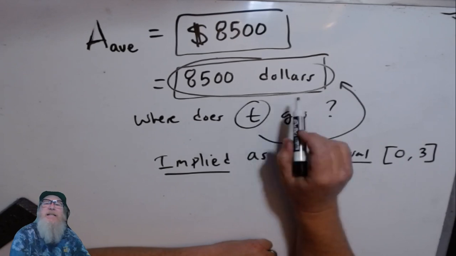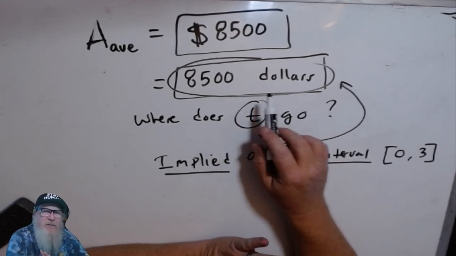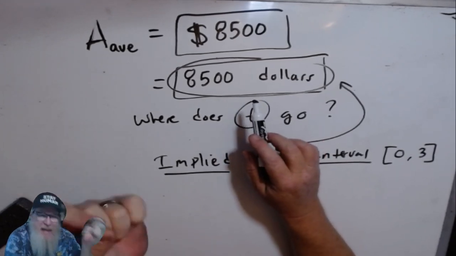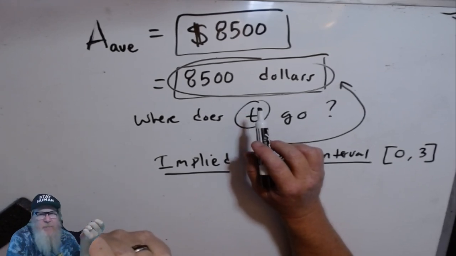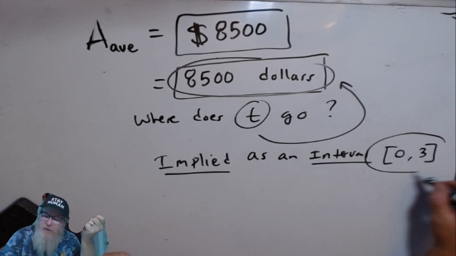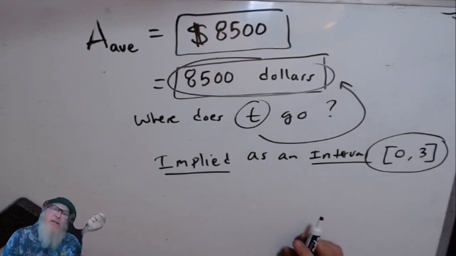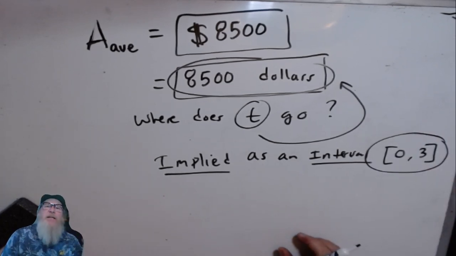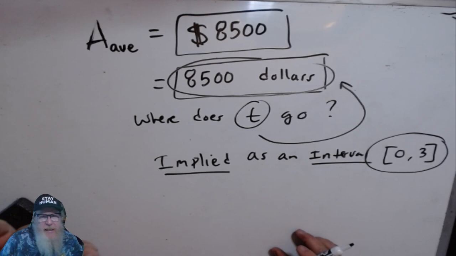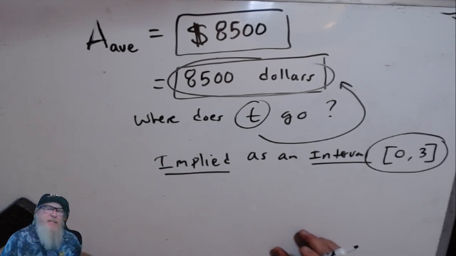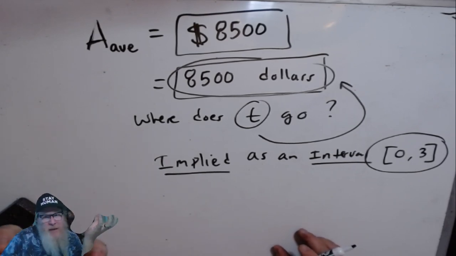So when I say that the average is $8,500, right, it's not static. It's not like the $8,500 is just sitting there. It's saying that over the course of 3 years, the average is $8,500, right? But it's not $8,500 per year, and it's not even $8,500 per 3 years.